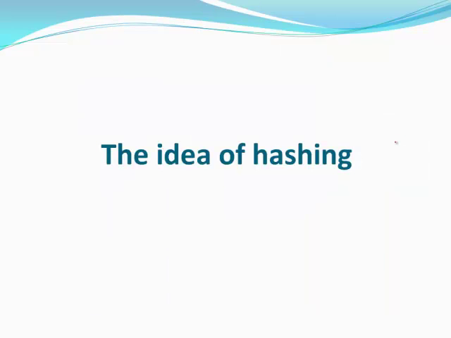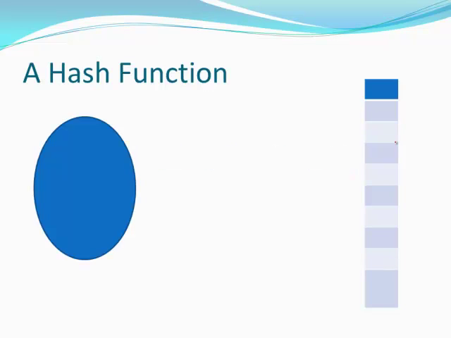So this leads to the idea of hashing. The idea of hashing is that we have a bunch of keys in a set. These keys are ideally strings, but they can be anything. So you take a key and apply a hash function to the key, and then you find a number between 0 and the table size.